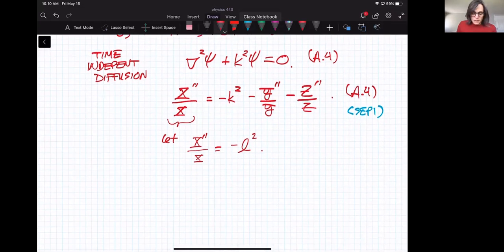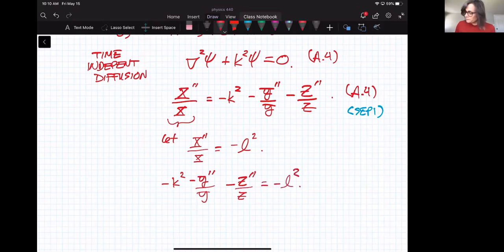What that means then is we can substitute that into 8.4 and we get minus k squared minus Y double prime over Y minus Z double prime over Z is equal to minus L squared. Oh, this should be 8.5, sorry. 8.6.